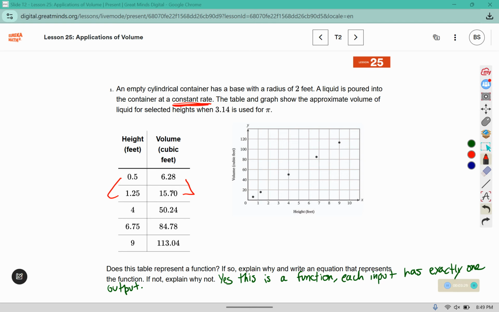So 1570 minus 6.28 is 9.42. 1.25 minus 0.5 is 0.75. And then we're going to divide those two to find the slope.